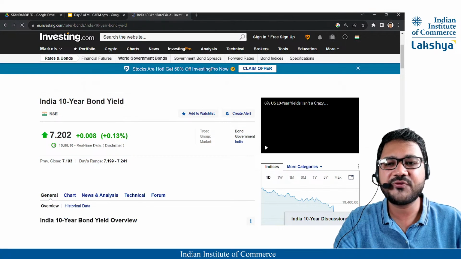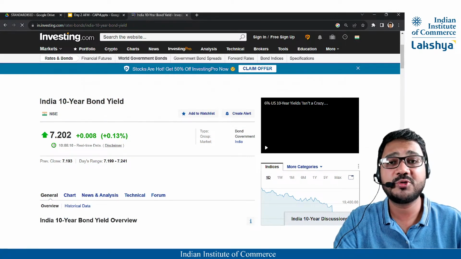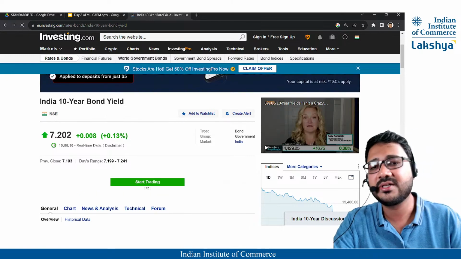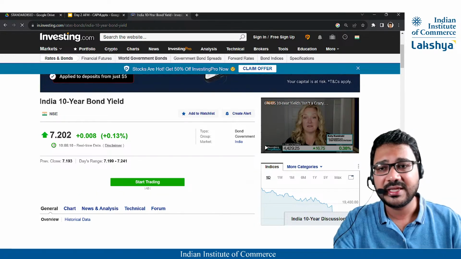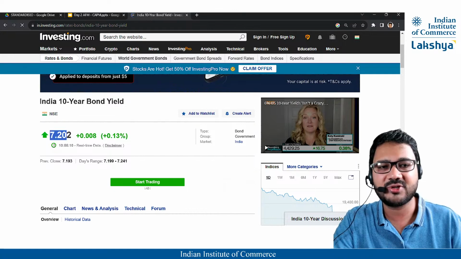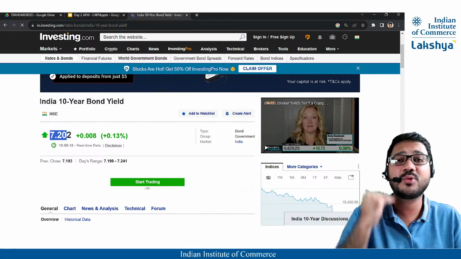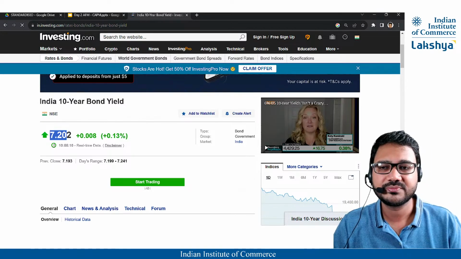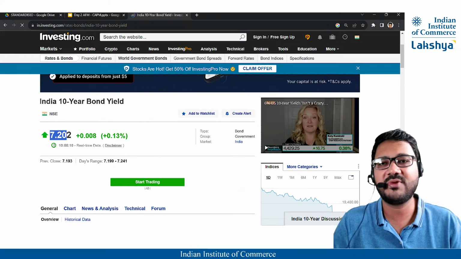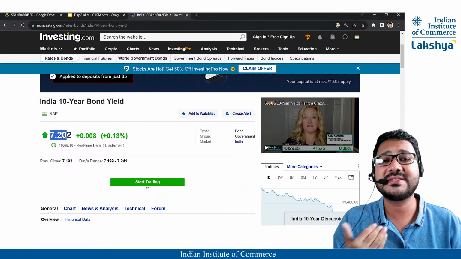Which means that if you want to invest in the market, say if you want to invest in Nifty 50 for the next 10 years, the minimum rate that you require is 7% or 7.2%. If you get anything less, it's not worth taking the risk. You will say, I might as well just invest in the government bond, which is the safest for me.